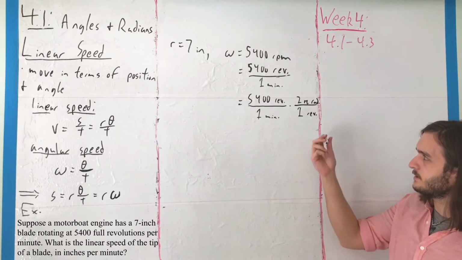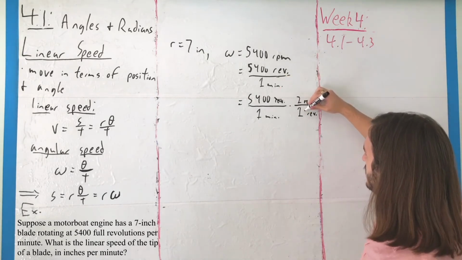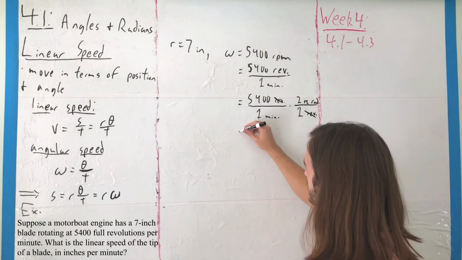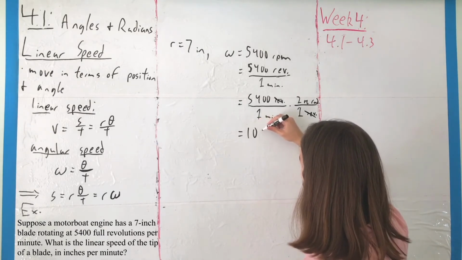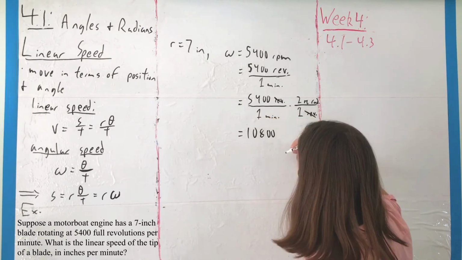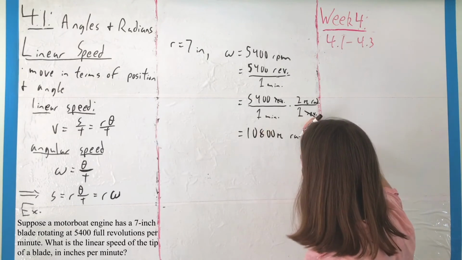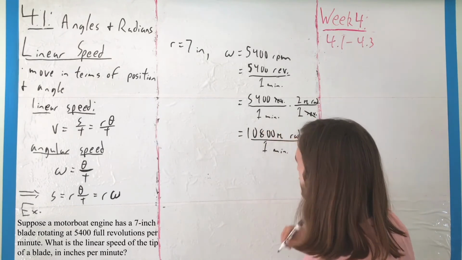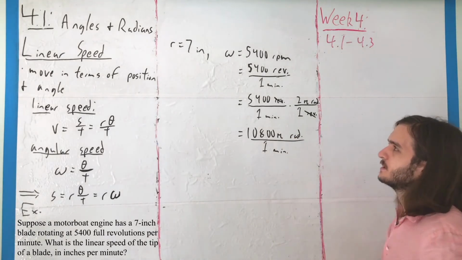So if you want to cancel out revolutions, we can do it like so to reframe our measurement in terms of radians, getting that the angular speed would be 10,800 pi radians per 1 minute. And now we have our angular speed in terms of an angle.